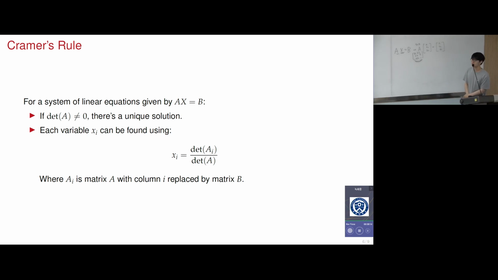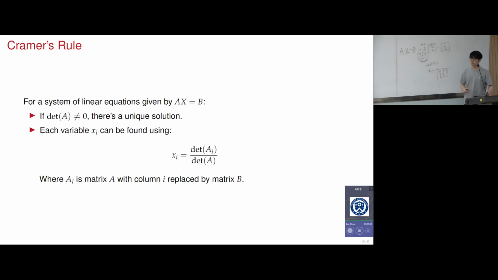But what is the determinant of Ai? It is also a determinant, but of the matrix A where column i is replaced by the column B. For example, if you want to know x1, the index i is 1, and you put the determinant of A at the bottom.